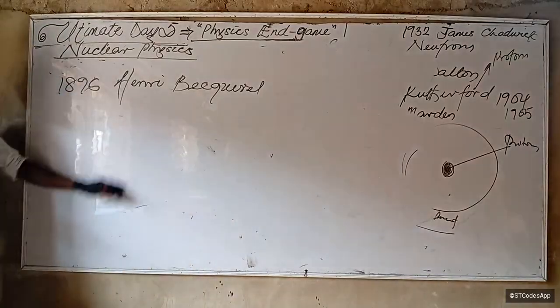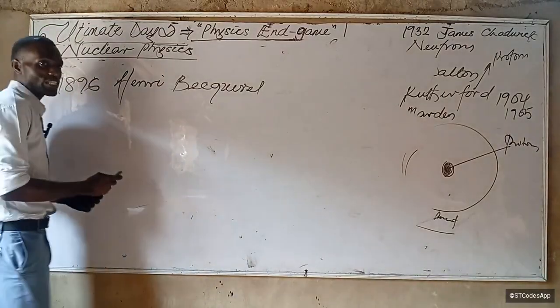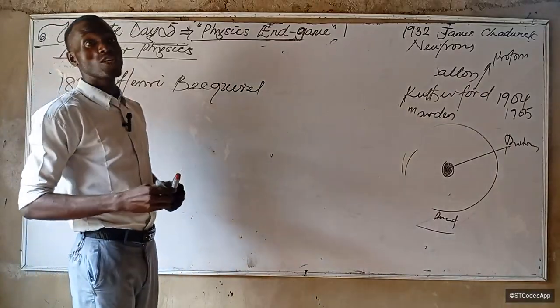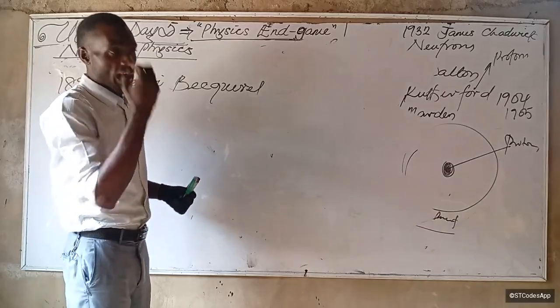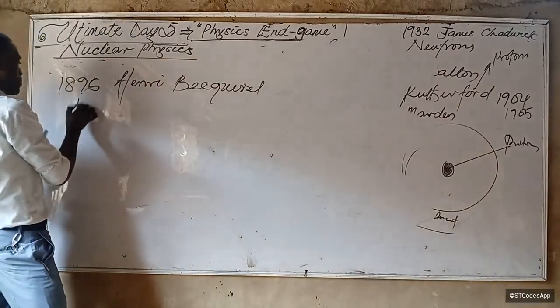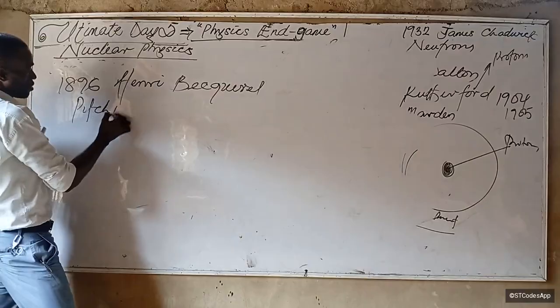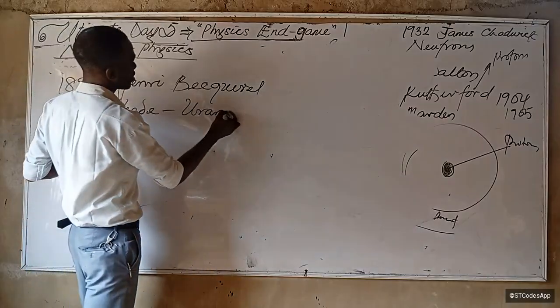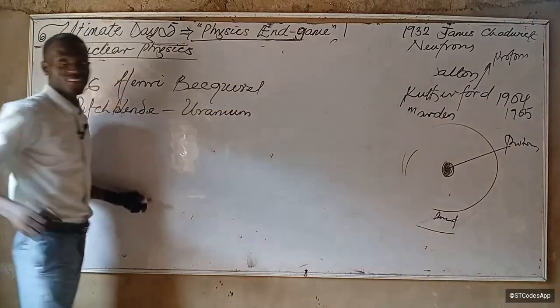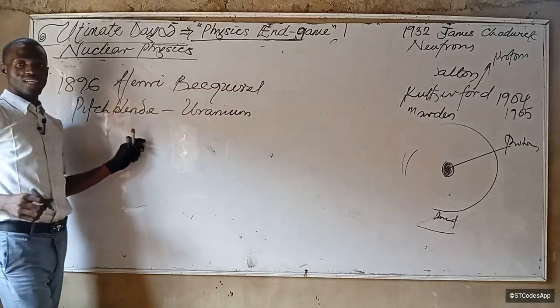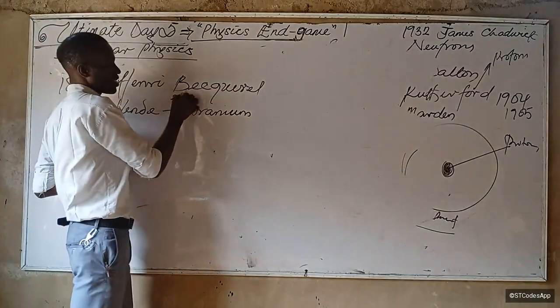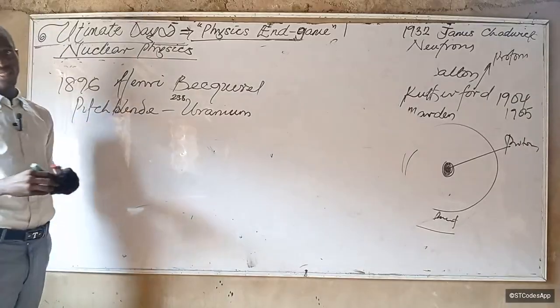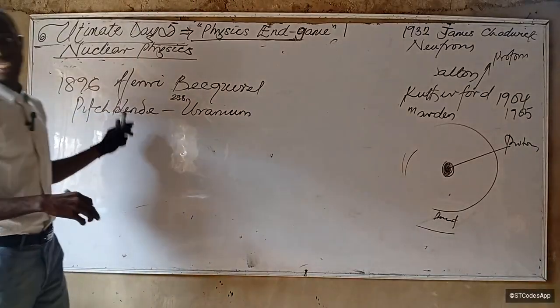So Henry Becquerel was the first person to discover the phenomenon of radioactivity. And what did he study? He saw pitchblende, which was the ore of what? Uranium. Is that okay? Yes, sir. Which uranium is pitchblende? Uranium 238. I think it's 238, I can't remember.